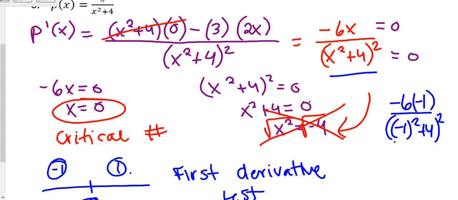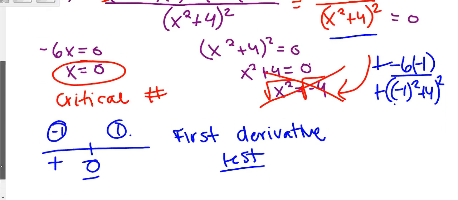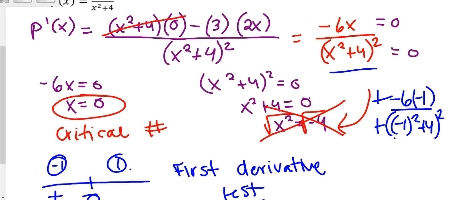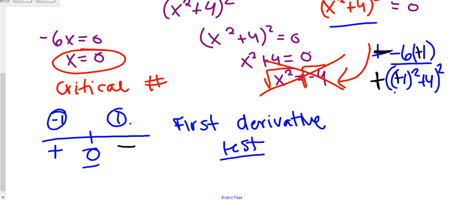So on the bottom, this is going to be a positive number. On the top, it's going to be a positive number. So we are increasing, or positive, over here. Our derivative is positive. Now, if we had changed that to a positive 1, the bottom would still be positive, but the top would be negative. So we have a negative over here. So our function is increasing to the left of 0 and decreasing to the right.